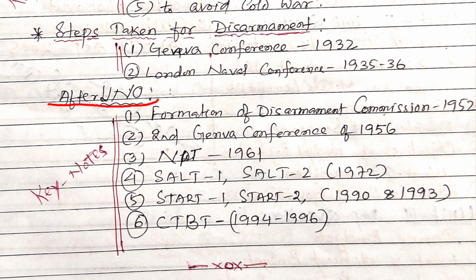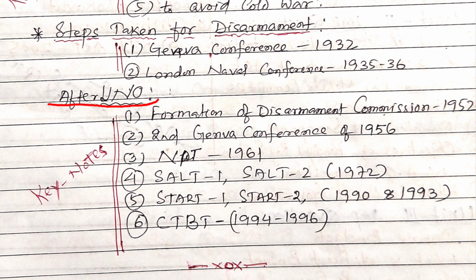Then SALT 1 was signed between USA and Russia in 1972, on the same date when the Simla Agreement was signed. Next, SALT 2 was again signed in 1979. The main objective of this agreement is limitation in the production of missile launchers and other destructive weapons.